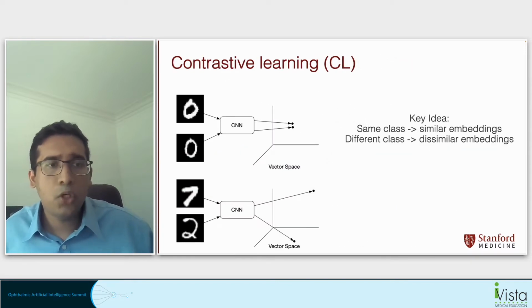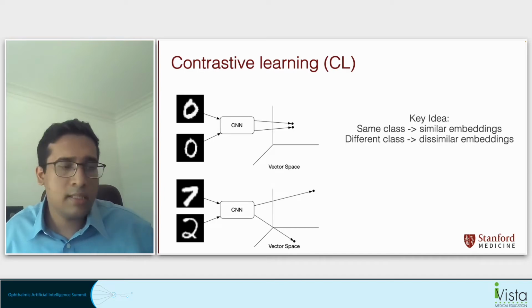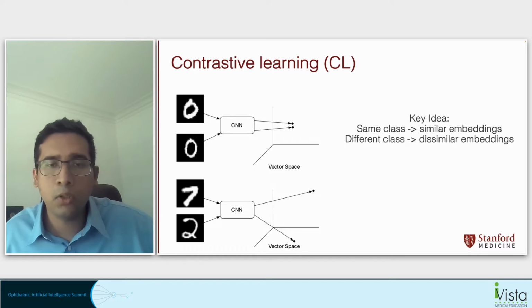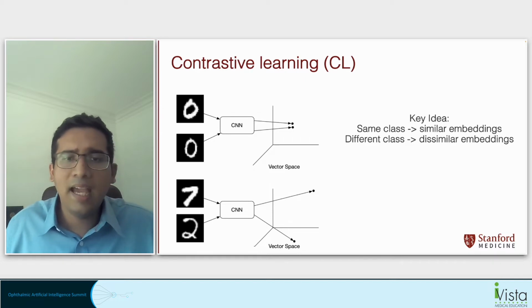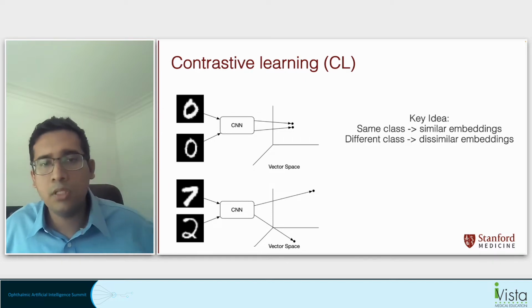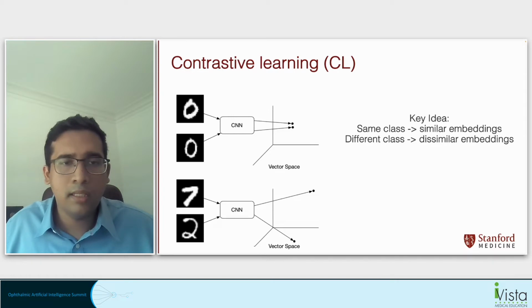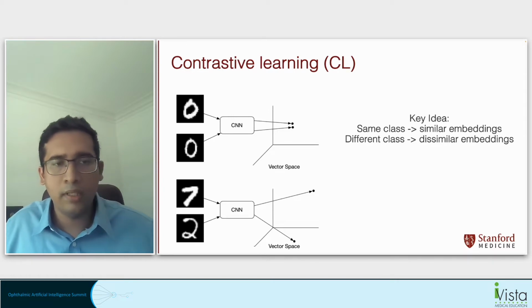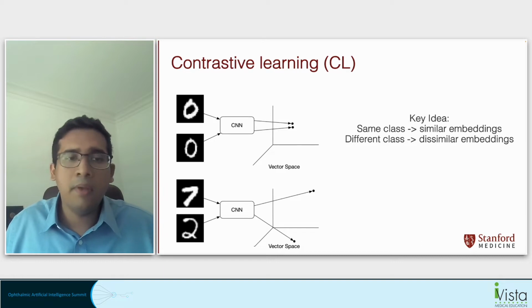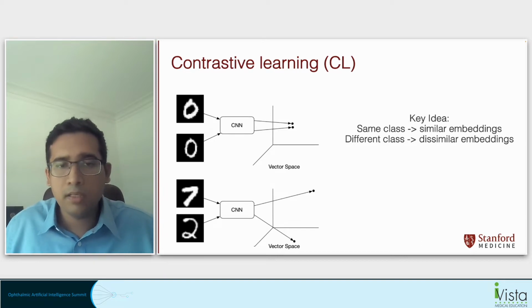Contrastive learning is one self-supervised model that is based on the contrastive loss. The key idea is that same images, for example, like this from Amani's data set, we have zeros, right? They will have similar embeddings in the embedded space when they're passed through an encoder, and different images will have different embeddings in the embedded space.